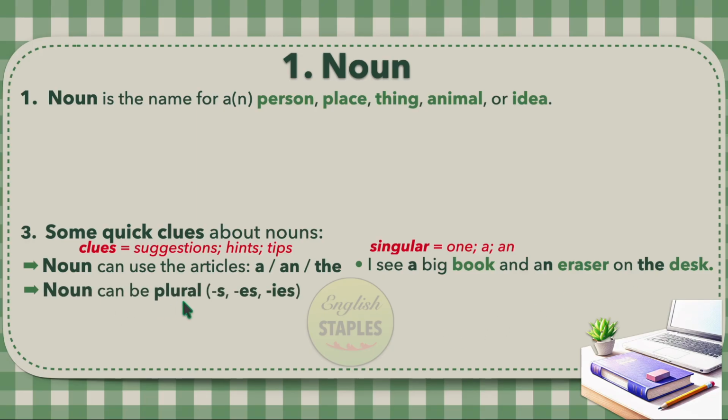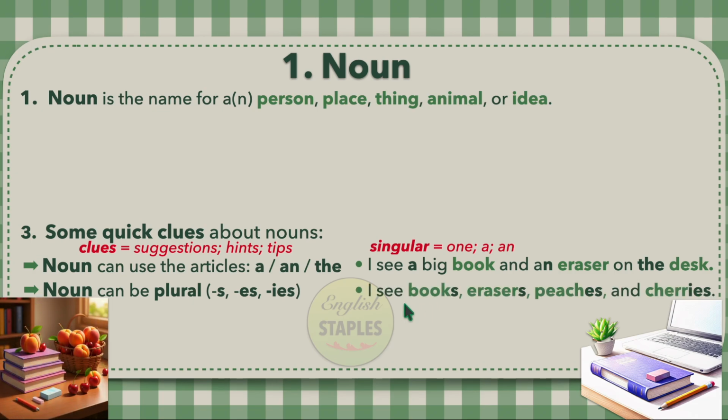Nouns can be plural. The noun ends with an S, ES, or IES. For example, I see books, erasers, peaches, and cherries. So these are all plurals that end with S, ES, or IES. And this word we're saying is plural, more than one. So we have a book, plural, books.